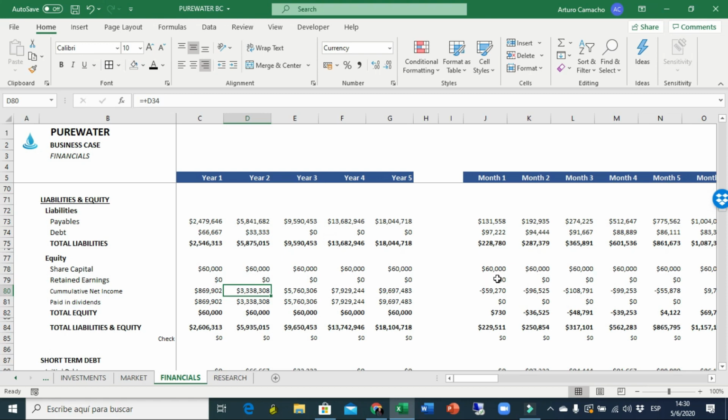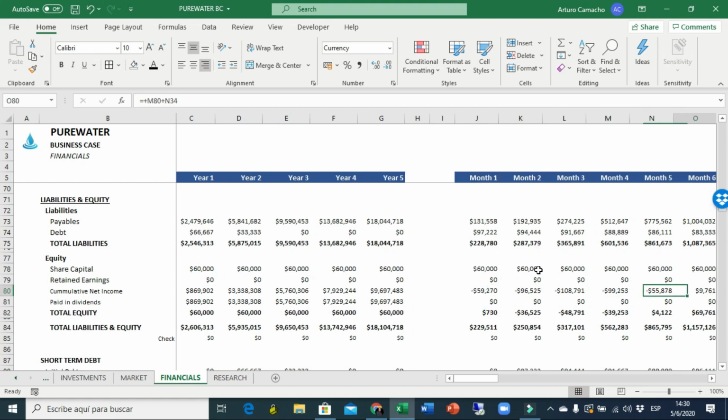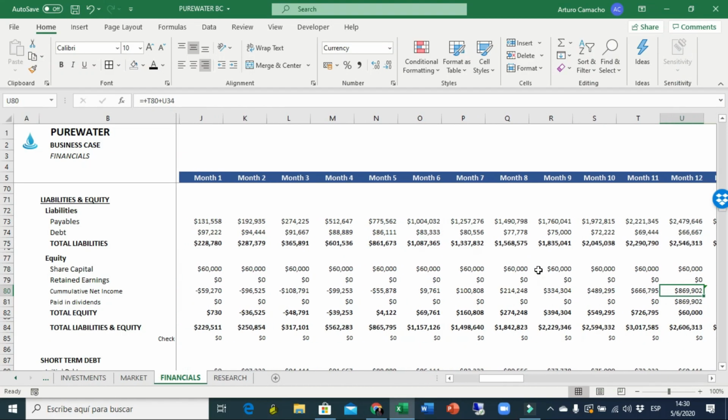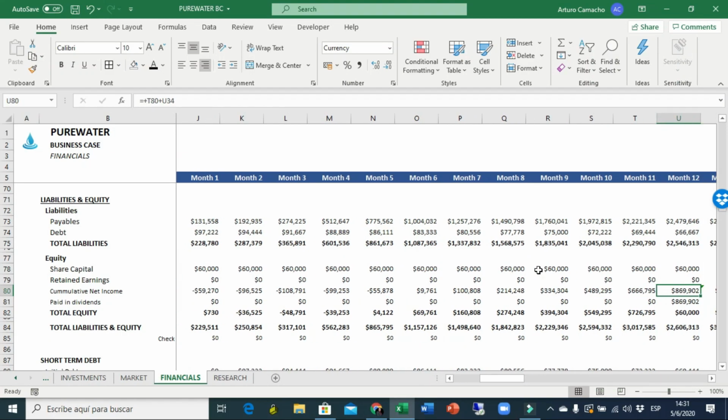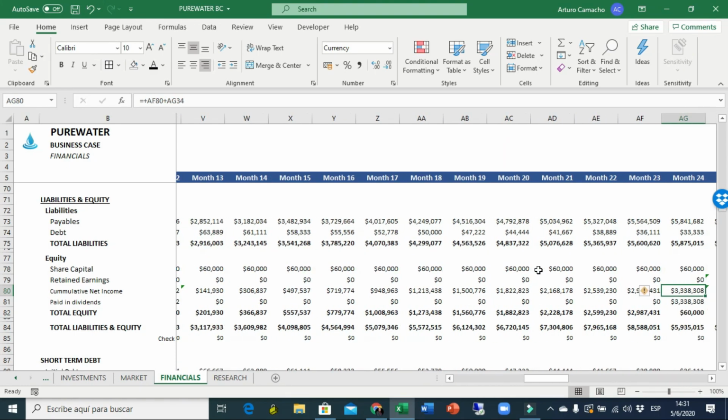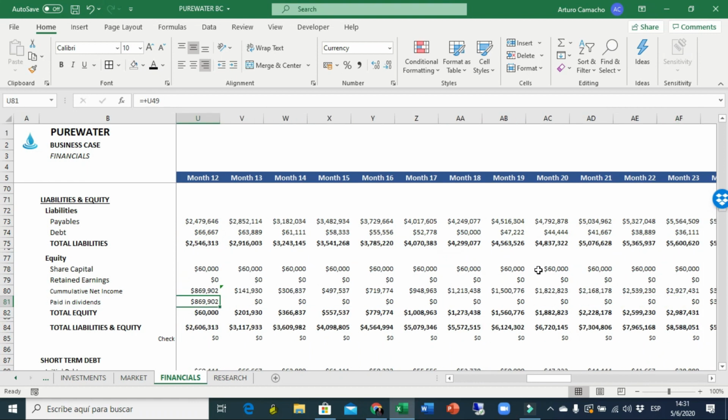So that is my retained earnings formula. The cumulative net income works the same way. I mean, this is always the net income plus whatever the net income of the previous month is. So you start to accumulate the net income here up to month 12. Then in the next month, you begin with a new net income for my month 13, and so on. That's the cumulative net income of each period.